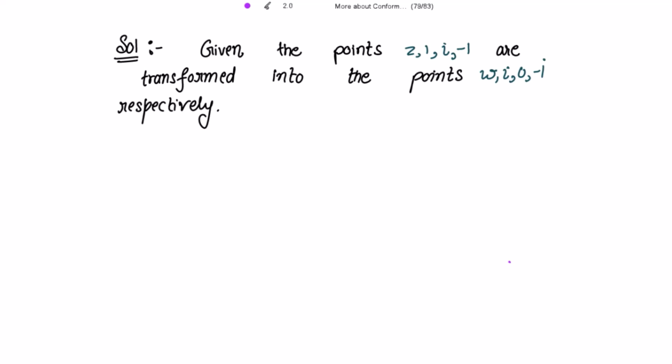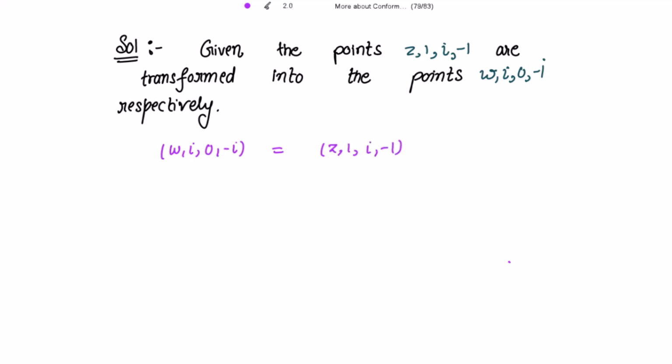The given points z are 1, iota, negative 1, which are transformed into the points w equal to iota, 0, negative iota respectively. Here we are going to use the cross ratio preservance. Since the cross ratio is preserved under a bilinear transformation, we have w, iota, 0, negative iota equal to z, 1, iota, negative 1.